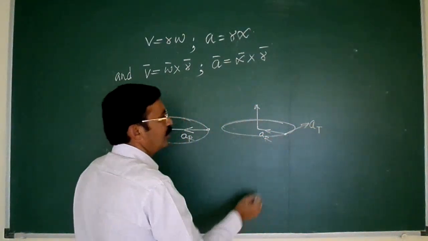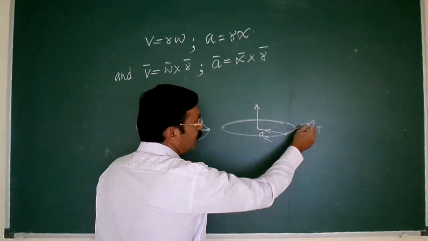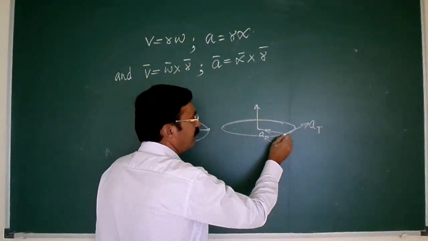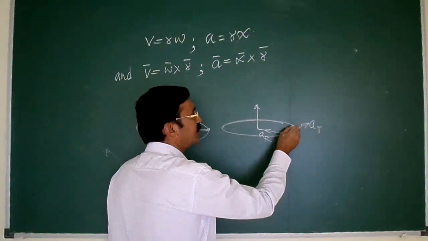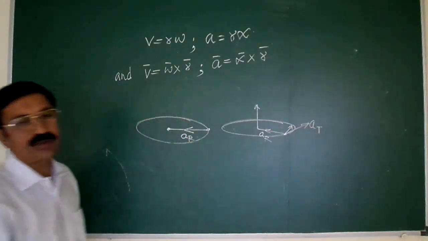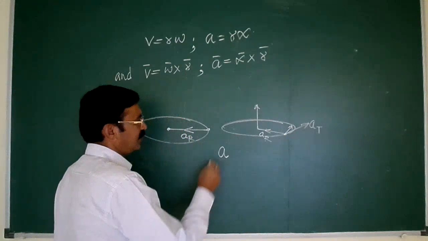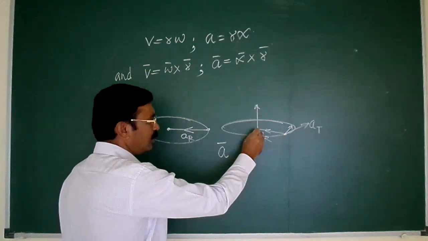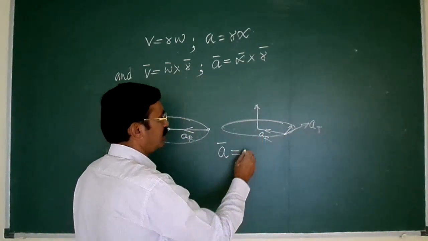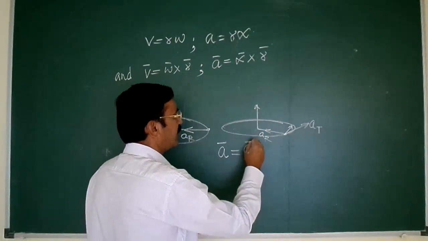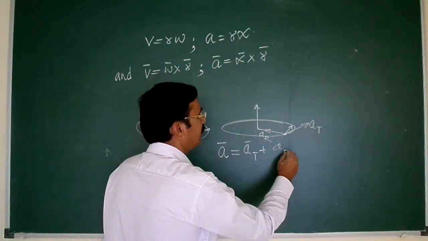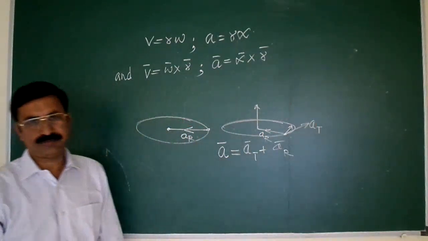So these two accelerations will give you the acceleration which takes the particle along the circumference of the circle. So acceleration in the case of non-uniform circular motion will be tangential acceleration plus radial acceleration.